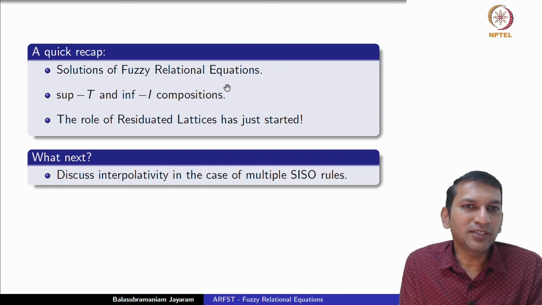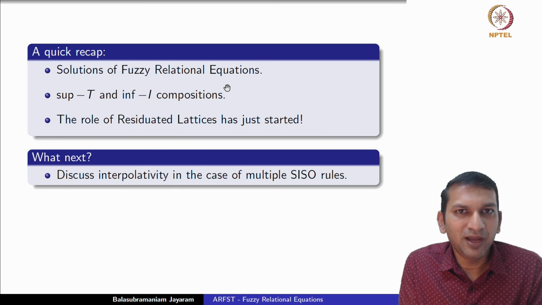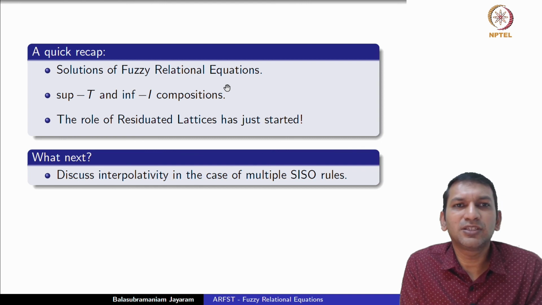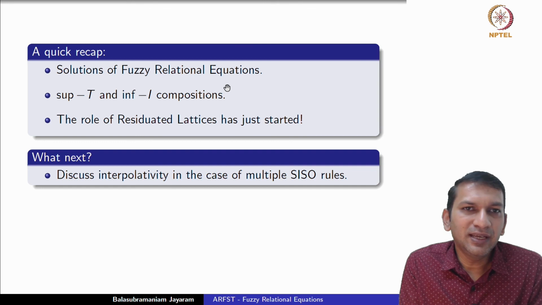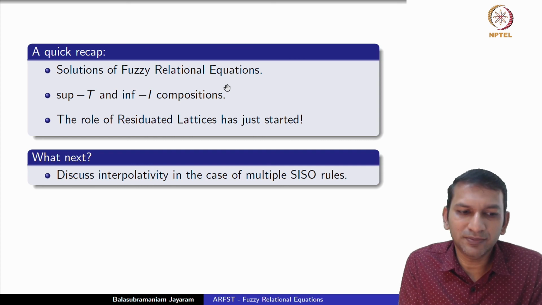And in the context of FRIs, we are interested only in sup T and in-phi composition, and that is what we have discussed in this lecture: the solvability of fuzzy relational equations when the compositions are sup T and in-phi. However, T and I are related to each other as a residuated pair, so they come from a residuated lattice structure.